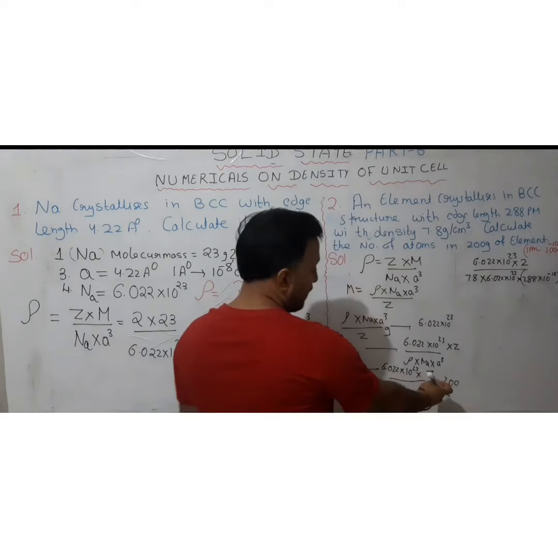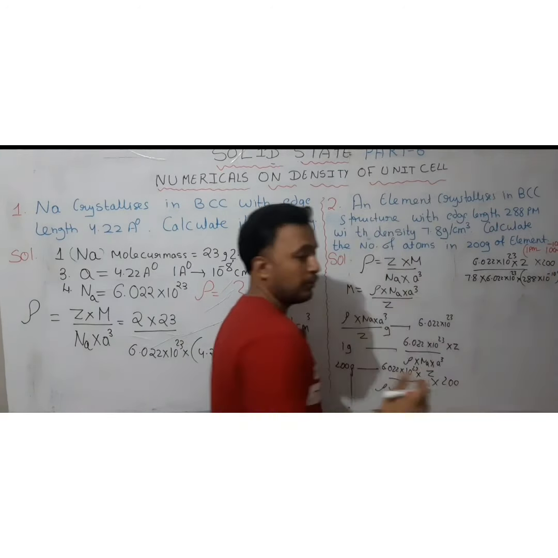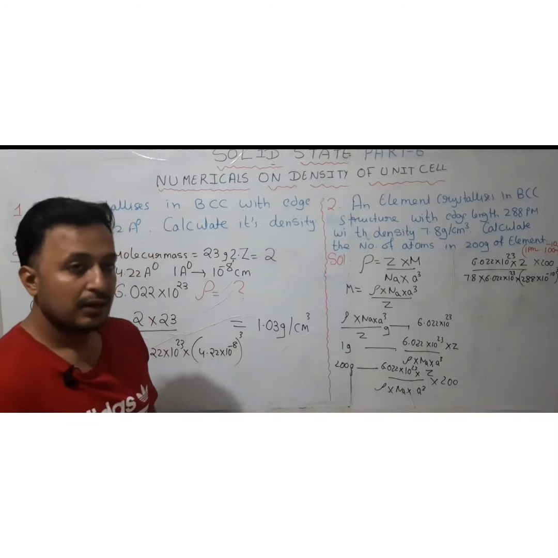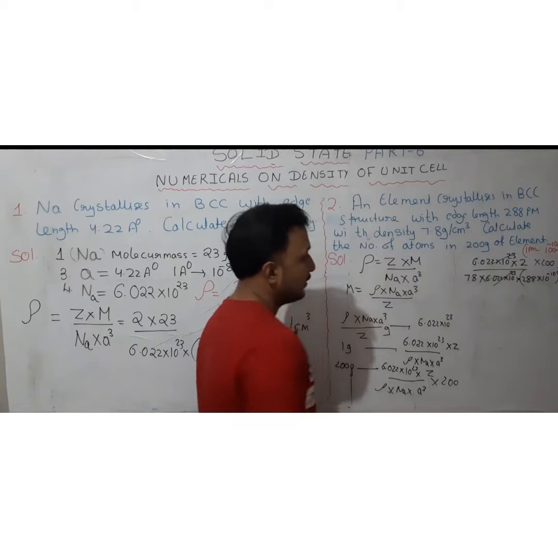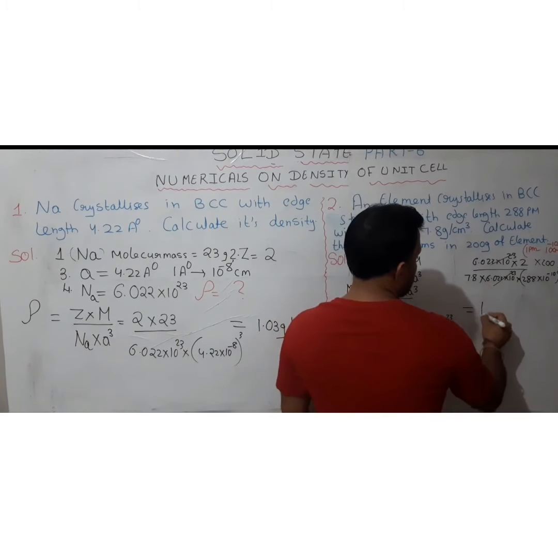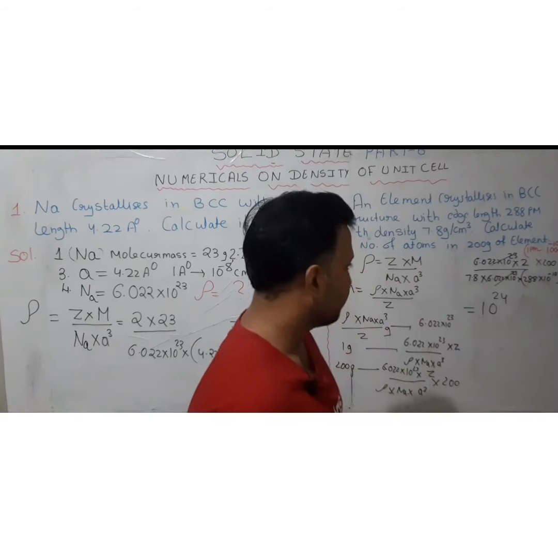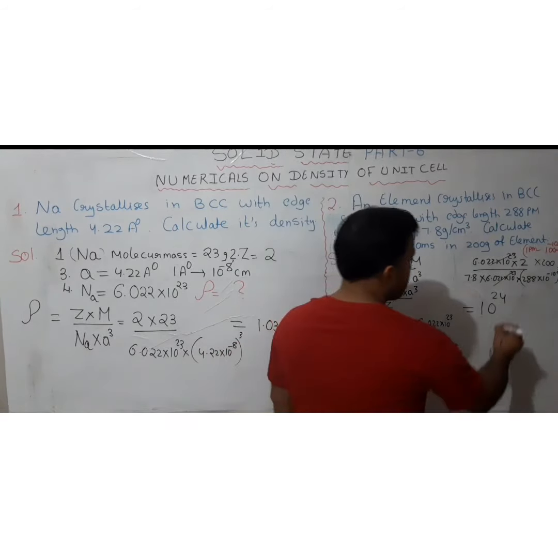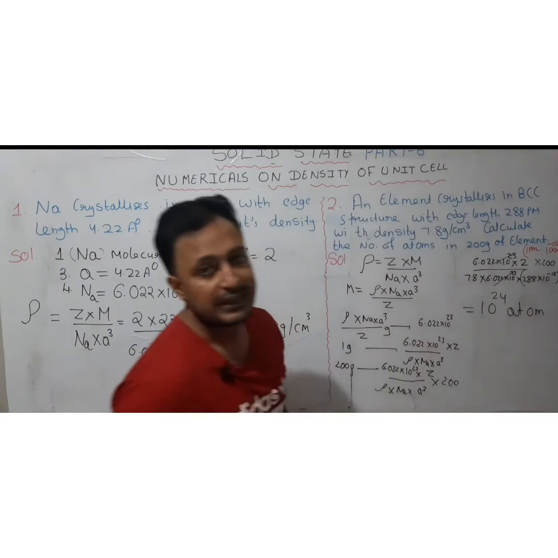Then the whole value is going to be multiplied with 200 because we have to find the number of atoms in 200 gram. From this calculation you can see this value can be easily cancelled, and we will be cancelling all other values also. After the cancellation, the final answer will be around 10 raised to power 24 approximately. It means this many atoms are present in 200 gram of this element.